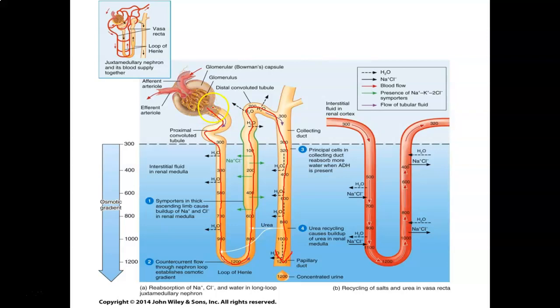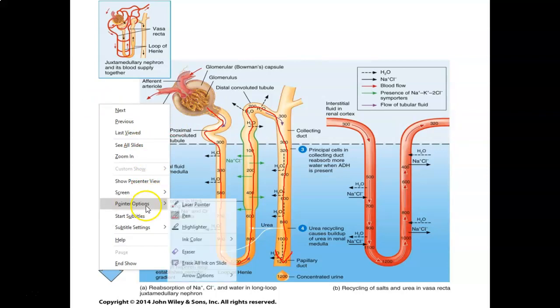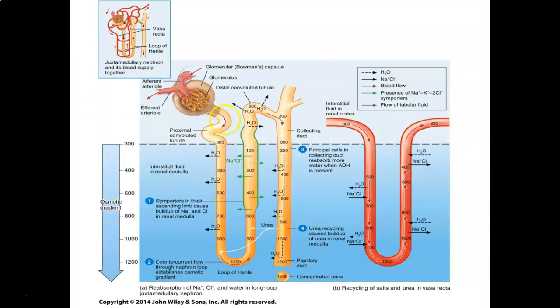All right, get rid of this line. So in concentrated urine, we can see, as we begin to descend into the loop of Henle, how the concentration is increasing.